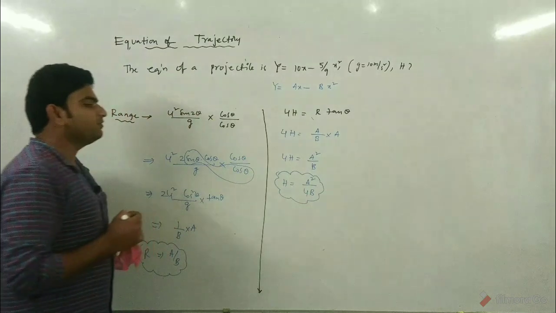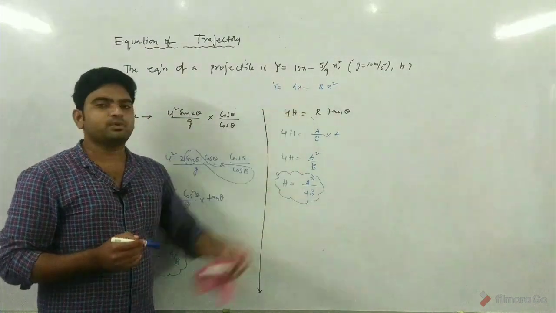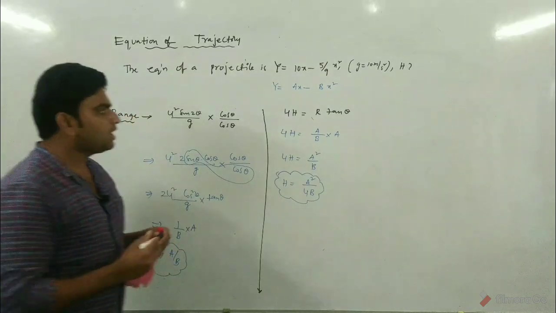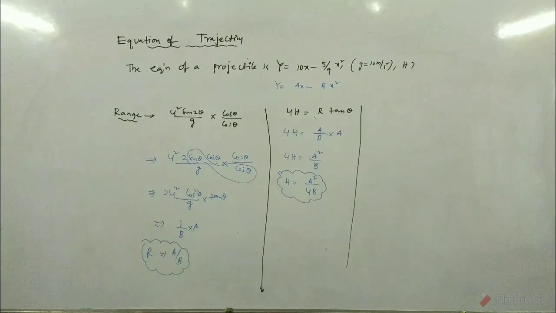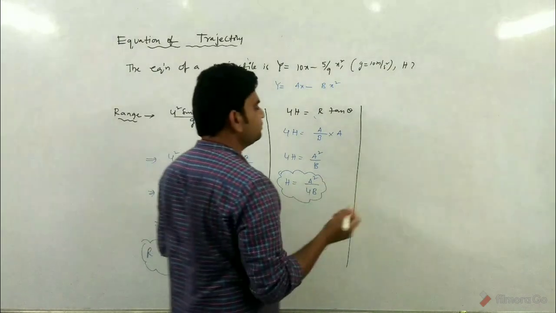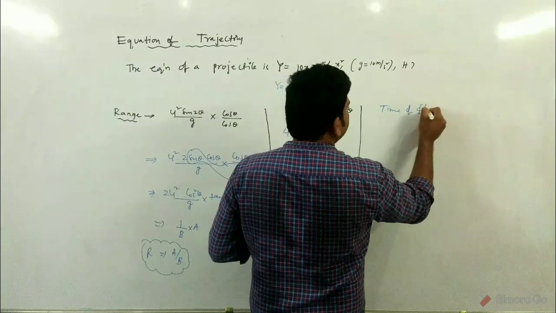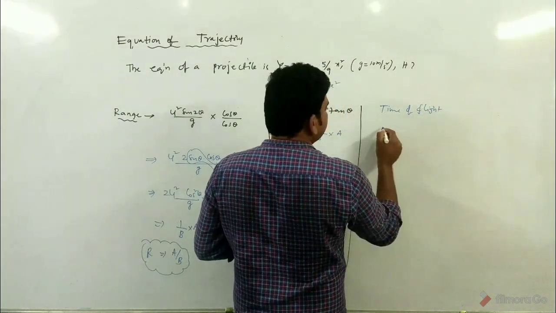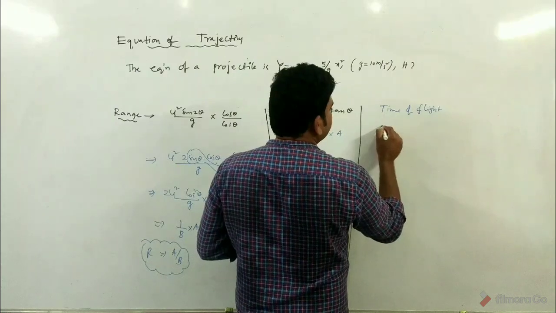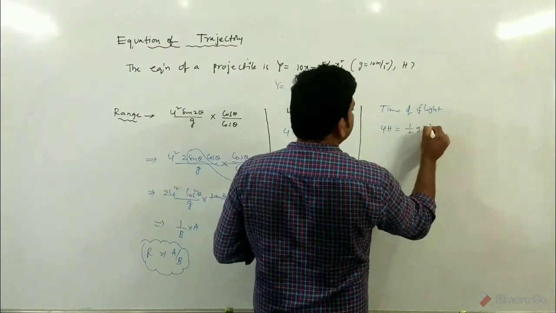Now it is very easy to calculate the maximum height value, and further we'll also see the time of flight formula. Here we can also calculate t, that is time of flight, by the equation we already know, that is 4h is equal to half g t square.